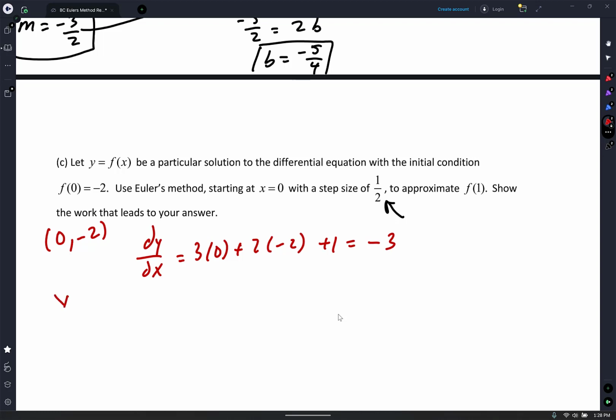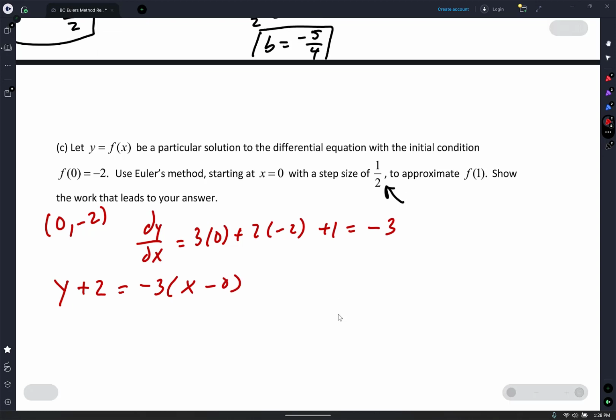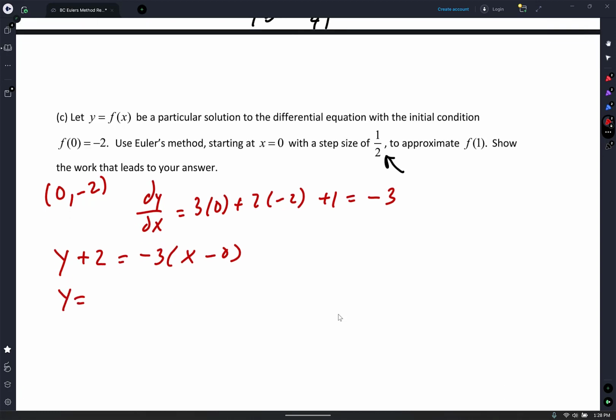Yes. Okay. y plus 2 equals negative 3 times (x minus 0). I'm going to plug in a half. So f of a half equals negative 3 times a half minus 2. What's that?